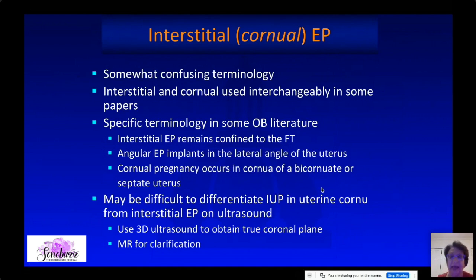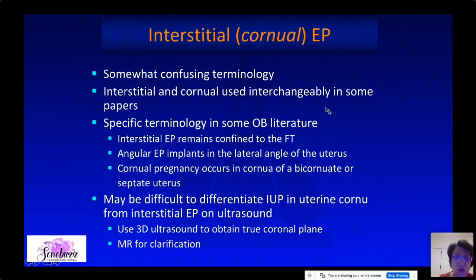Then there is another entity called angular pregnancy, I shouldn't say ectopic, which implants in the lateral angle of the uterus. So you have the interstitial ectopic in the interstitial portion of the fallopian tube; you have angular pregnancy that is too lateral but still within the uterus; and then you have the cornual pregnancy in the cornu of a duplicated uterus.